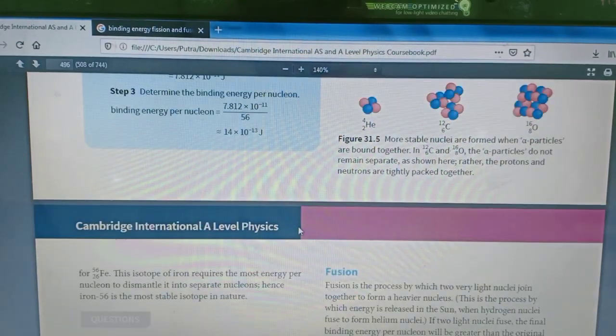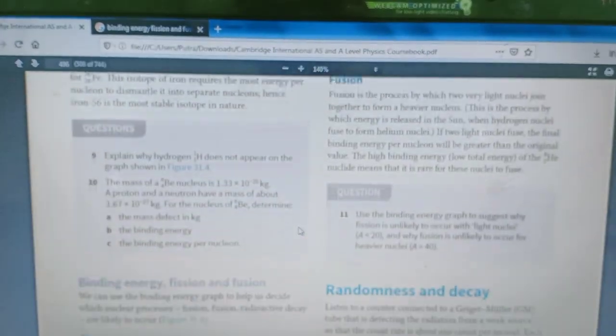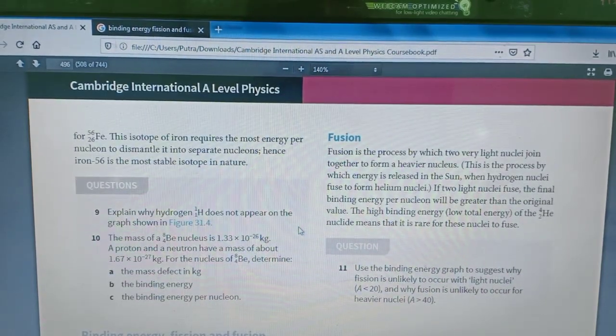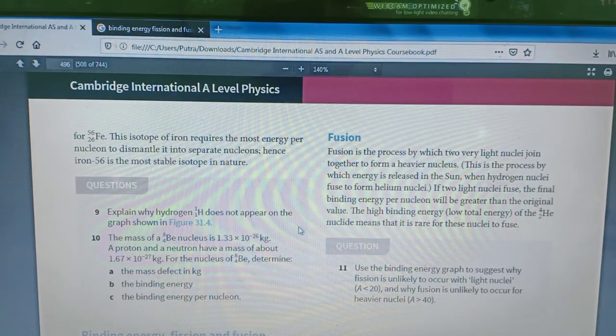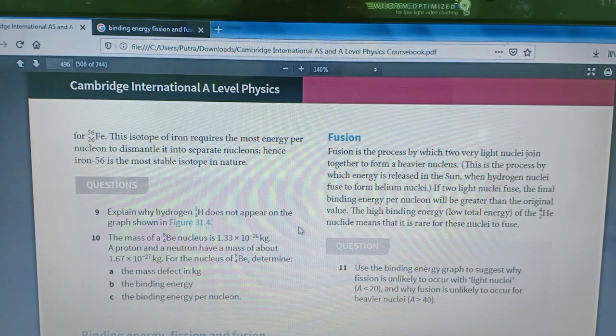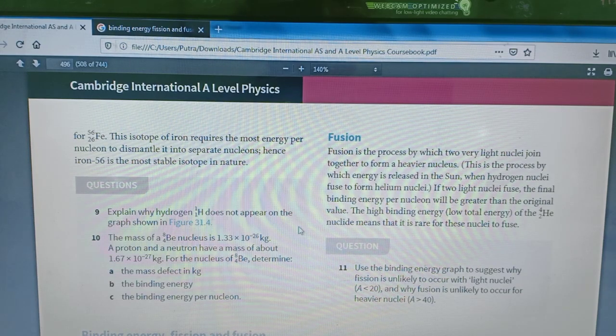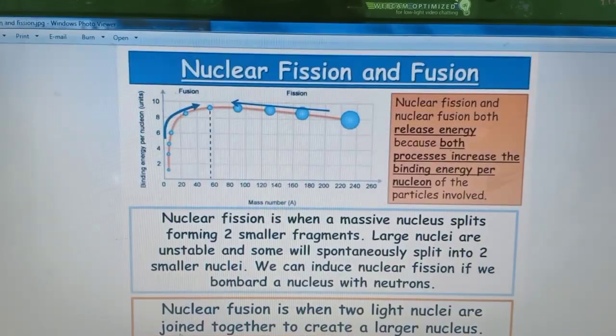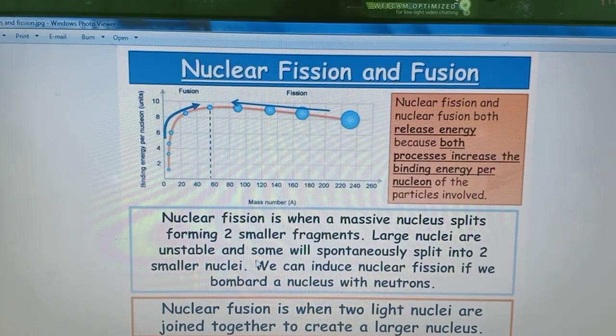So there are two kinds of reactions here: the one that is dismantling or separating the nucleus into smaller nuclei, and the one that gathers nuclei and becomes a bigger but more stable nucleus. Okay, so there are two kinds of reaction, fission and fusion.